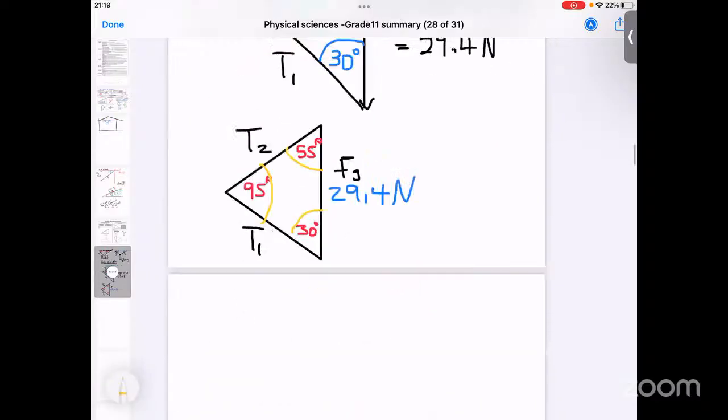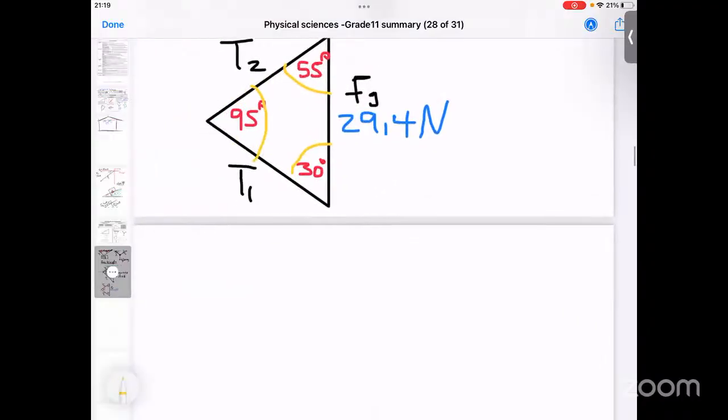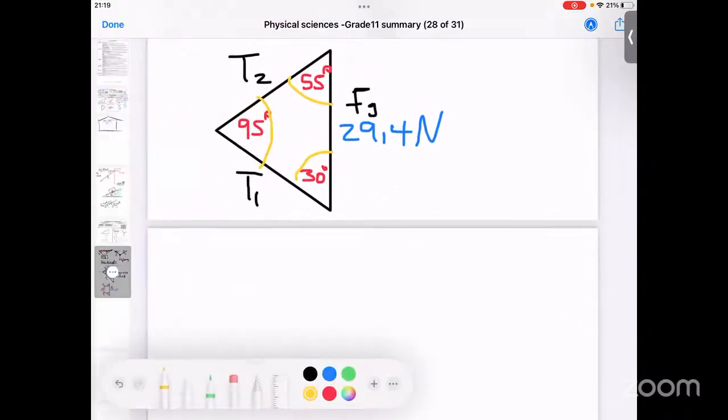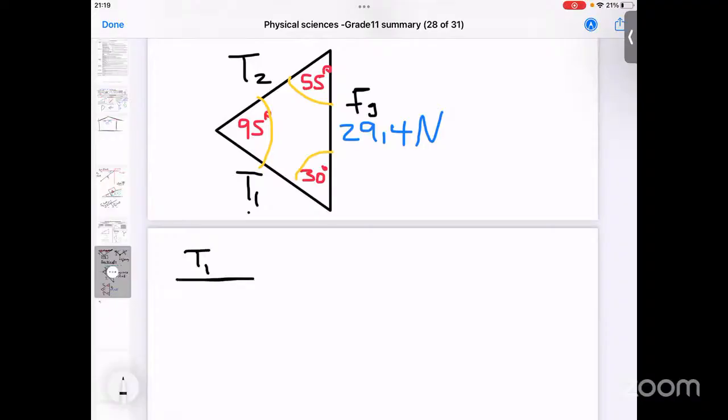so that we can easily use the sine rule, whereby if it is tension 1 that we are looking at, we will just say tension 1 should be equal to sine of the angle which is opposite tension 1. This is the angle of 55 degrees.